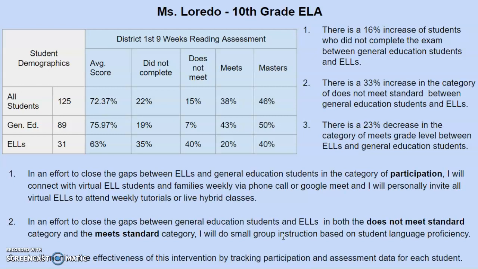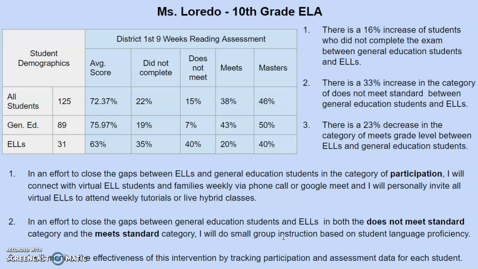So I will show you that later, but this is again something that I have chosen to do for my students that I feel like I can do. So this is what I'm going to try. And then, in an effort to monitor the effectiveness of these interventions, I'm going to track participation and assessment data for each individual student.